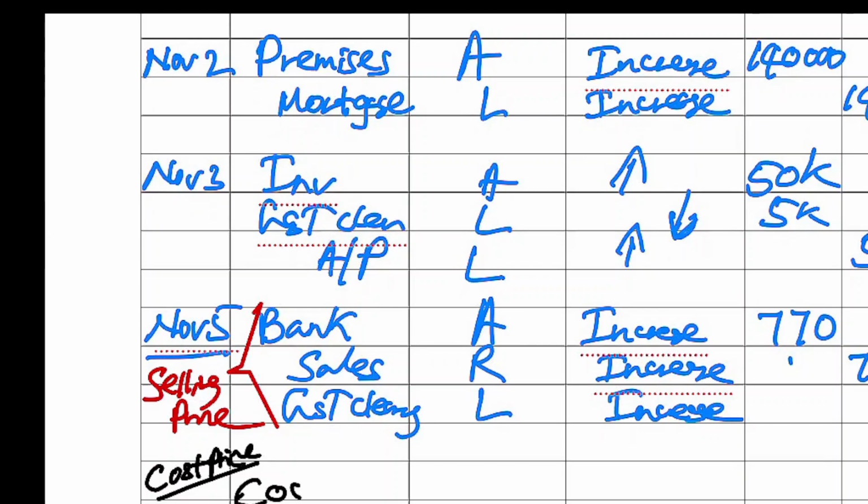What item is it? Expense, correct. Increase or decrease? Increase, very good. How much? 500, good.